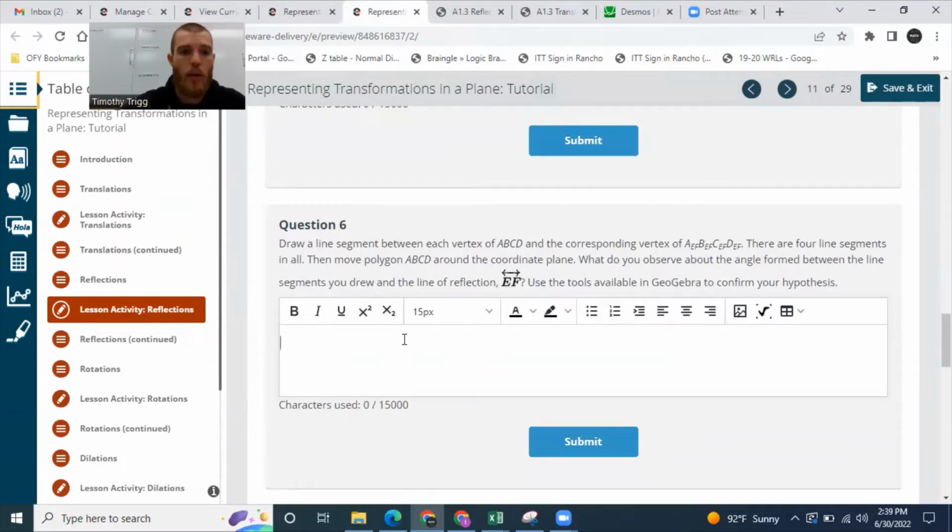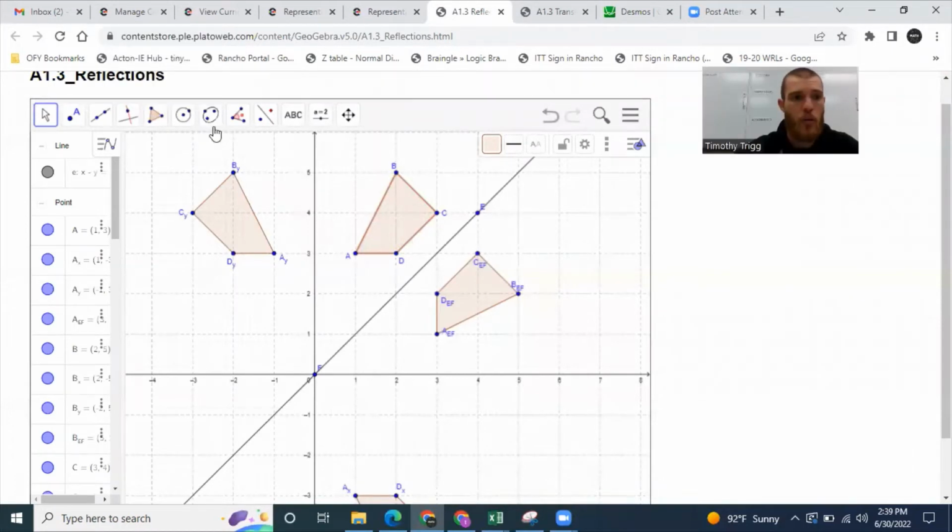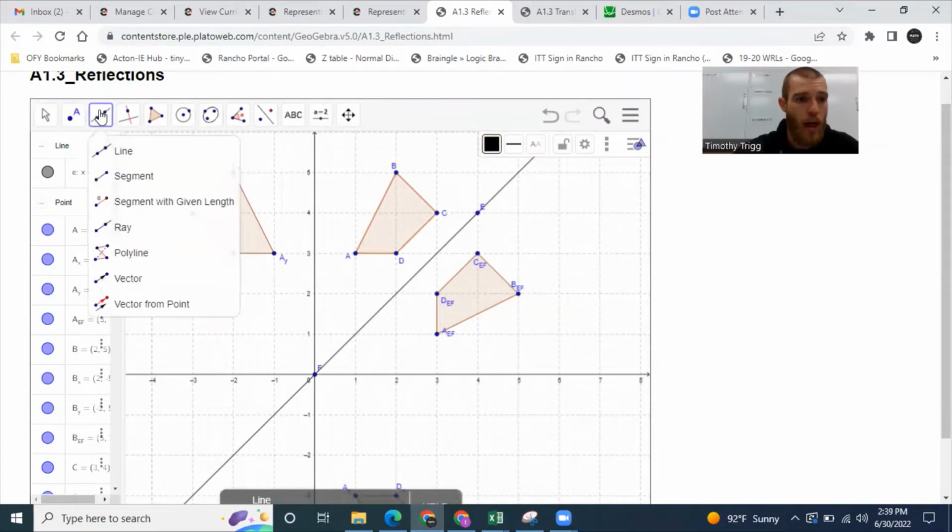Question 6. Draw a line segment between each vertex of ABCD with the corresponding vertex on the image across EF. Okay, so let's go ahead and draw those segments. So what we're going to do is back on GeoGebra here, you want to go to the segment tool. So you go to this line here, you're going to go down to where it says segment.